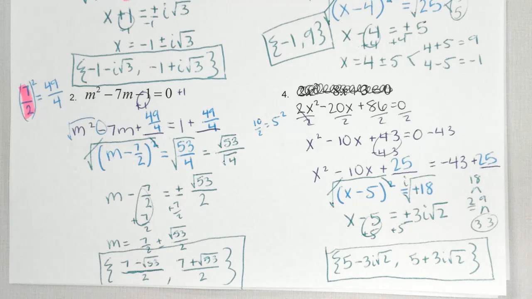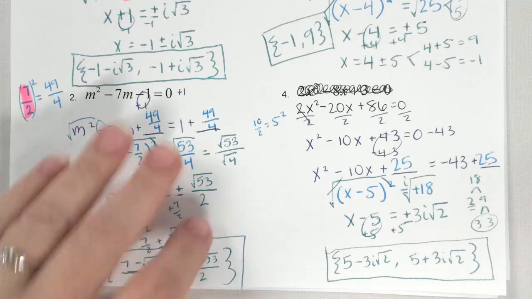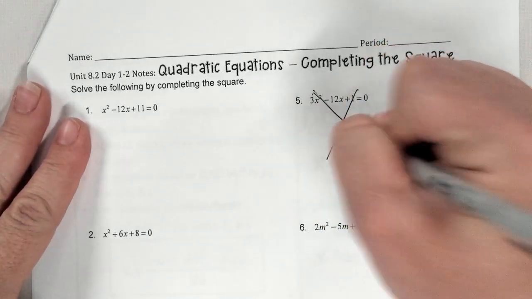Okay, so that's notes. Now we're going to look at the practice because I am cutting off 3 problems and changing 2 of them. My screw up benefits y'all. You're welcome. Okay, so we're going to cross off number 5 and 6.